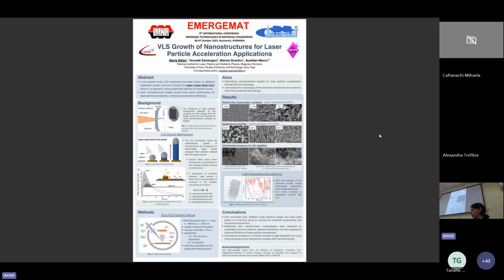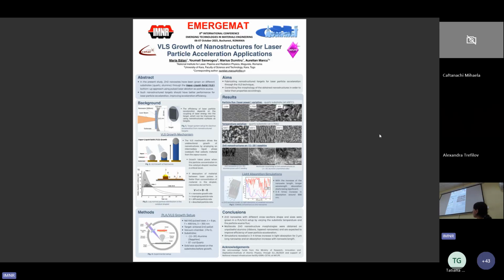We grew some zinc oxide nanowires on quartz and also on a sapphire substrate with a specific cut that has a very good lattice match with zinc oxide. We obtained very well-aligned nanowires on sapphire, while on quartz they are in different directions.